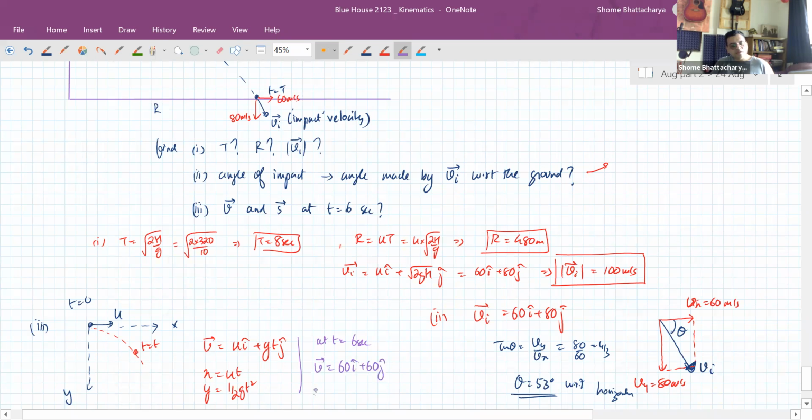And the displacement will be 360 i cap plus half gt square, which is half into 10 into 36, so 180.